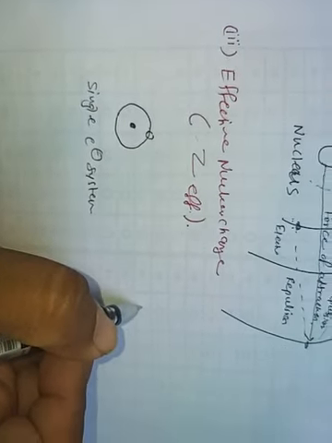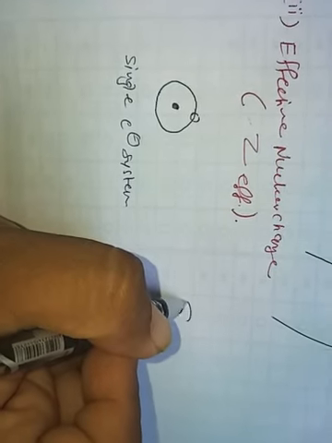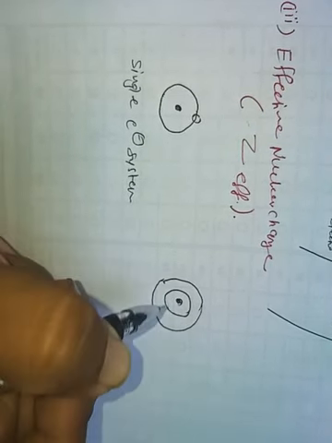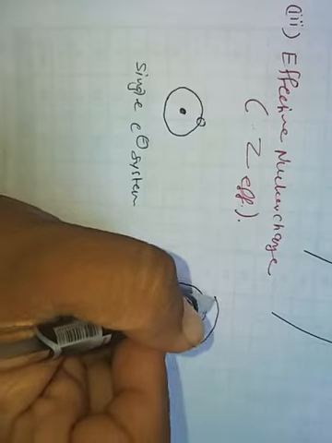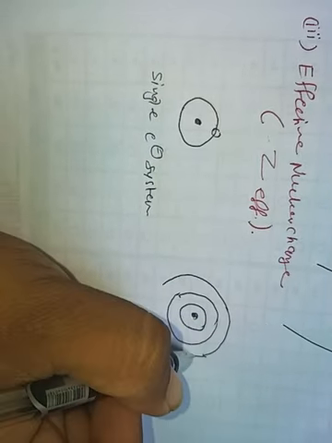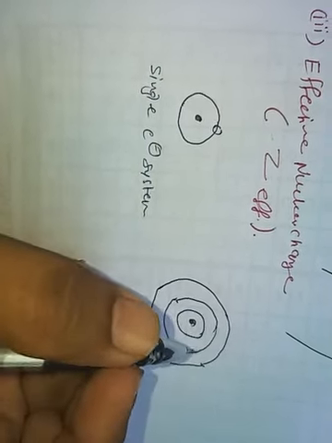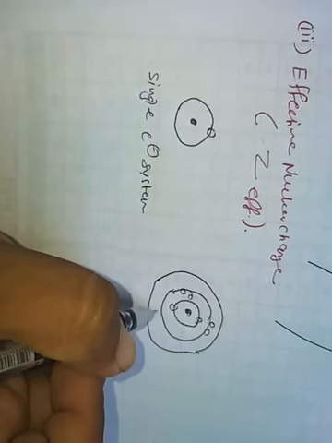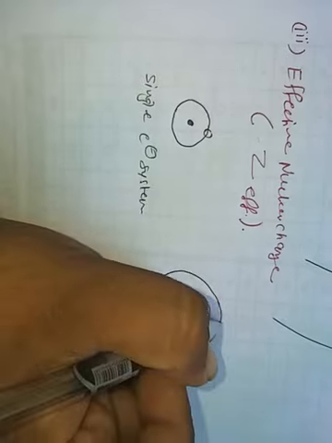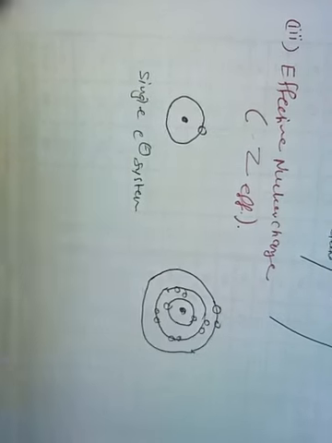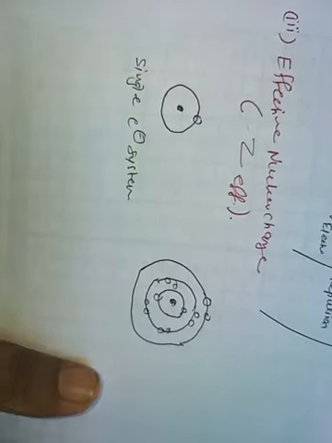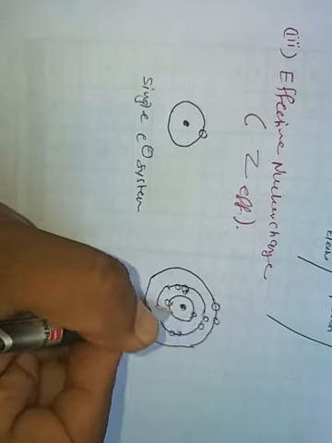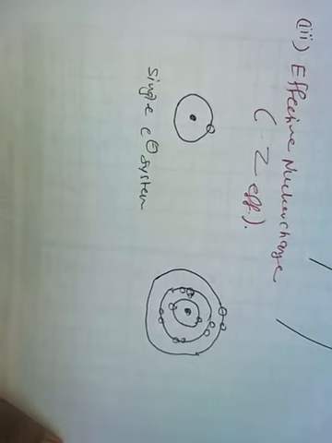Here I am drawing the nucleus, first shell, second shell, third shell, for example with 2, 8, 2 electrons.